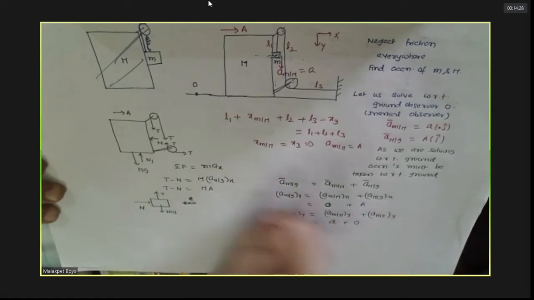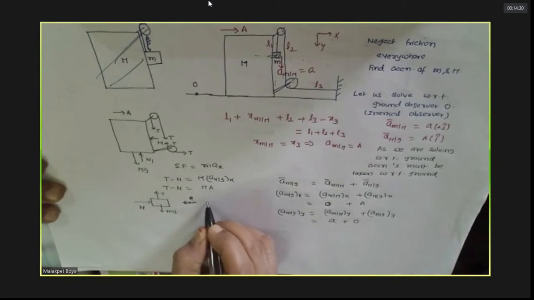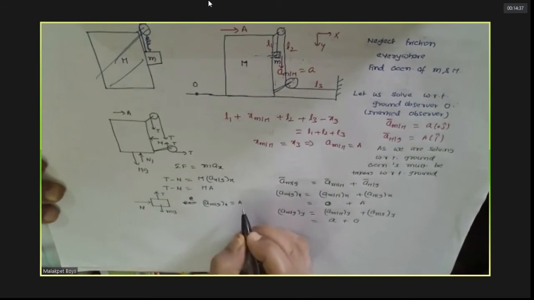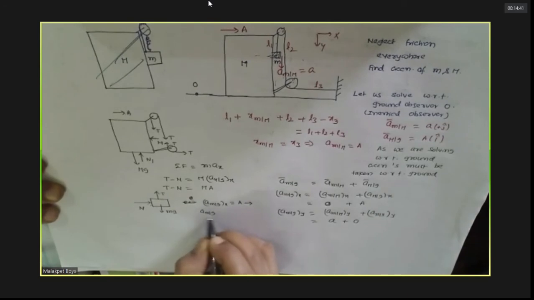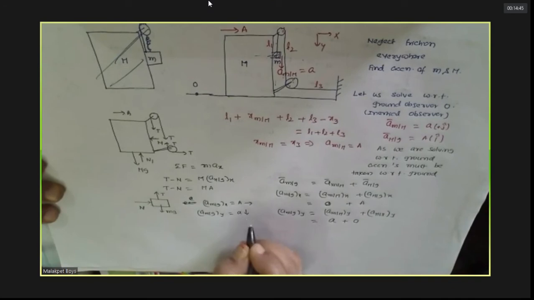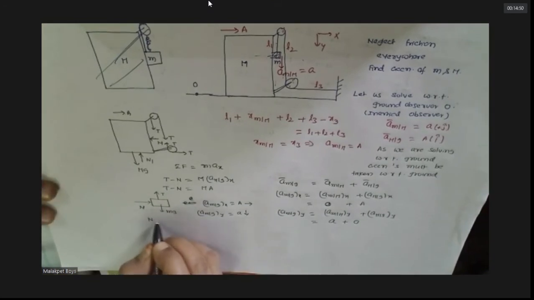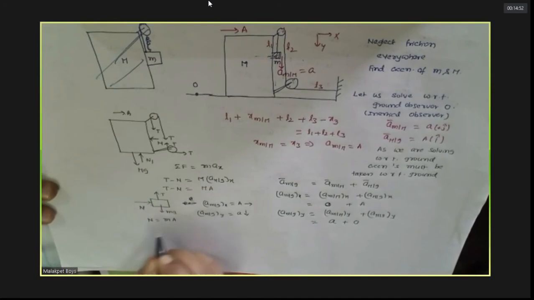You have along A, no? Along i cap. Agreed? N is equal to M a. Now just apply. N must be Ma.